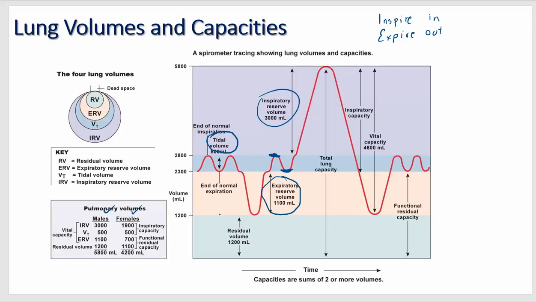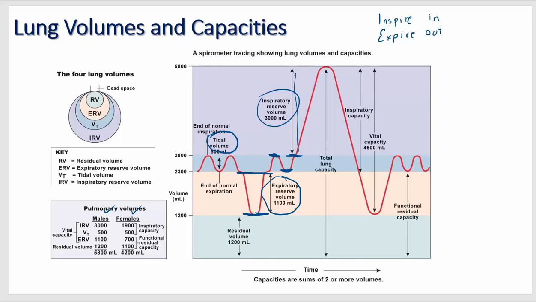But then if you add all of these things together, this is the amount of air we have control over. Okay, so what do I mean by that? We have expiratory volume, which is this area here, so we breathe as much air as we can out of our lungs. Then we have this normal breathing that we just do all the time, our tidal volume, and then we have this inspiratory. So if we add all of these together, that's as much air as we have available to us.